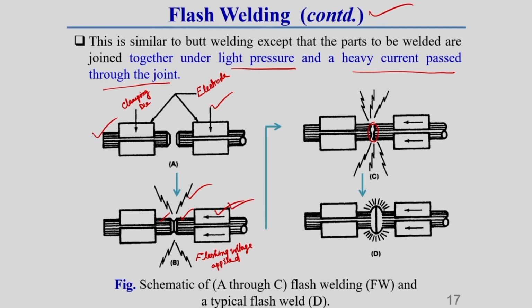Now you see, subsequent flashing takes place, after that offset and termination of the current. In step 4, offset pressure is applied and the current is switched off here. So, you see a flash type of joining takes place here.